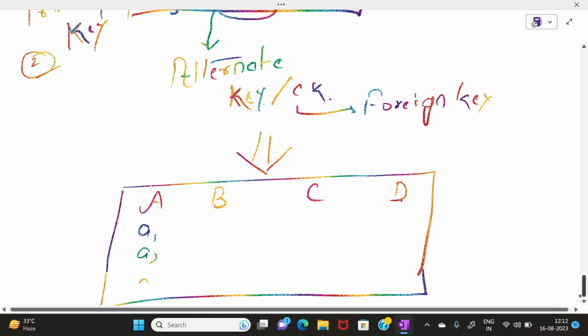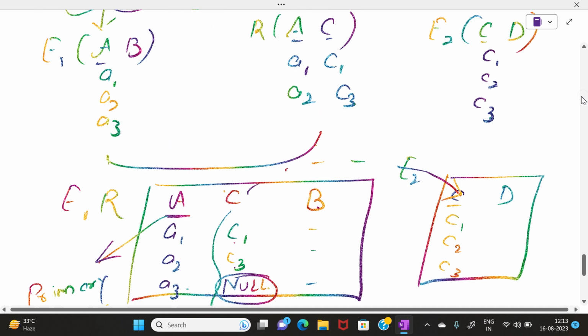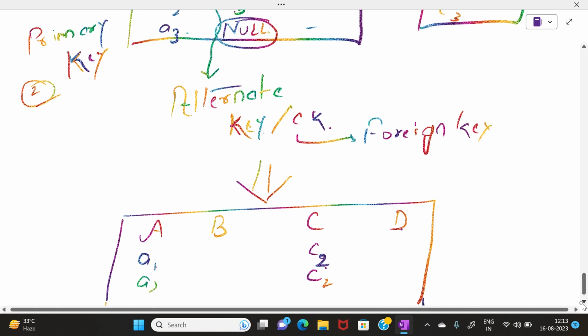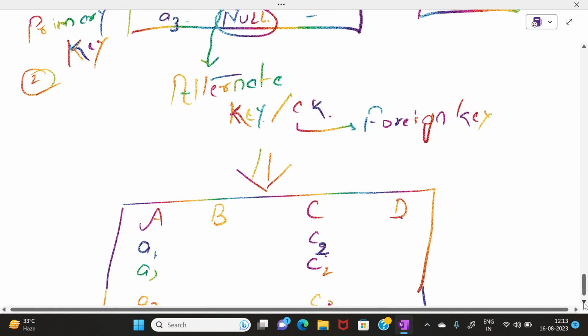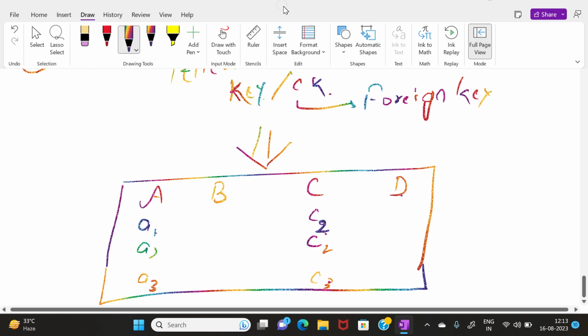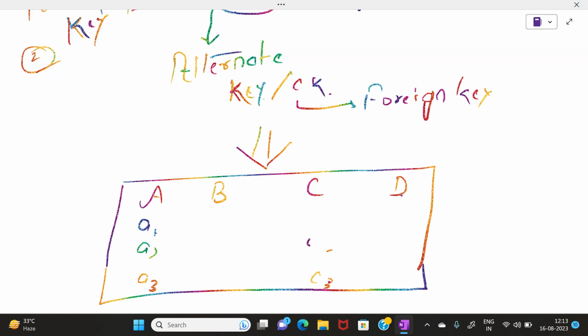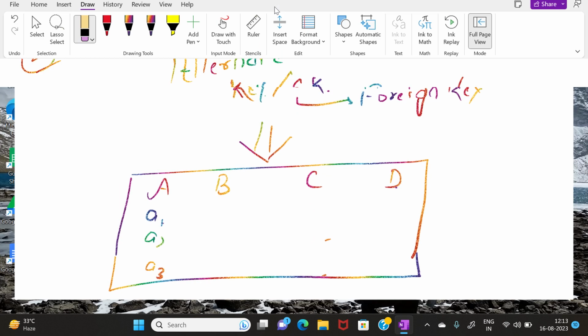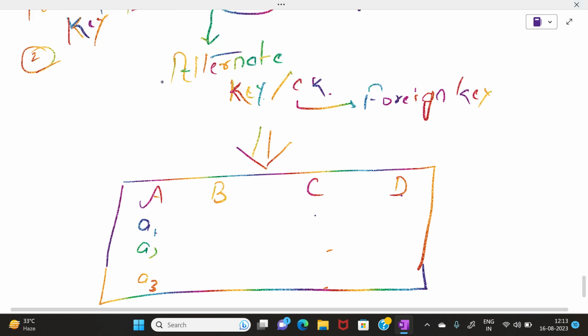So definitely A1, A2, A3 and C1, C2, C3 both will come, but A1 relates to C1 and A2 relates to C3, and A3 relates to null.